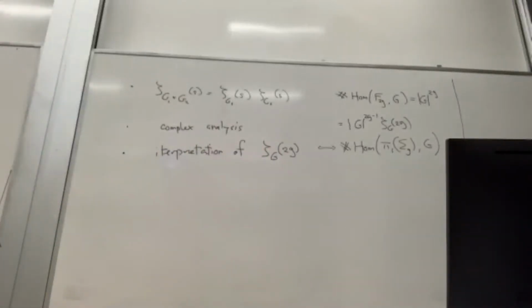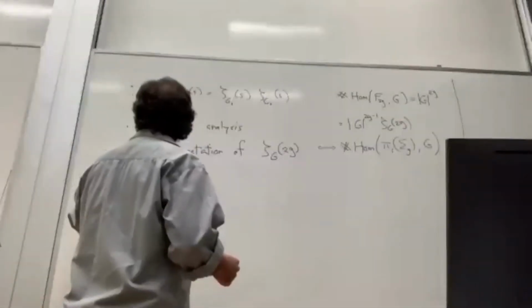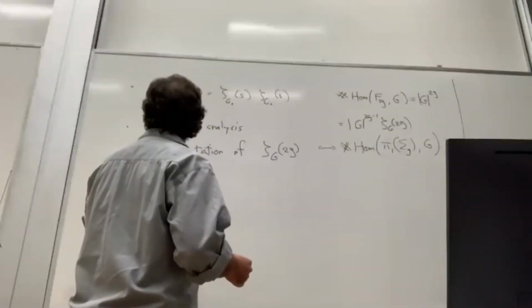And there are variants in various directions, which I will not discuss at all. What I do want to do today is to talk about the representation growth and representation zeta functions associated with arithmetic groups. So let me introduce the arithmetic groups that I'll be interested in.